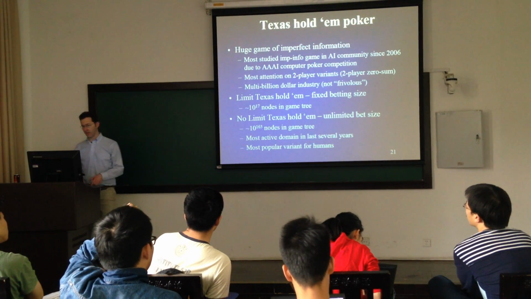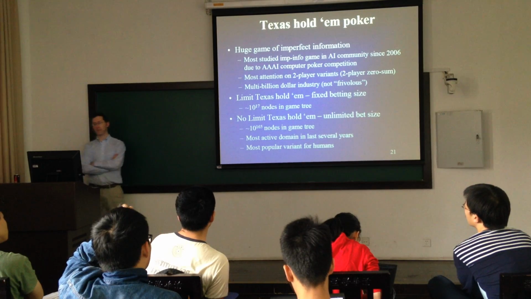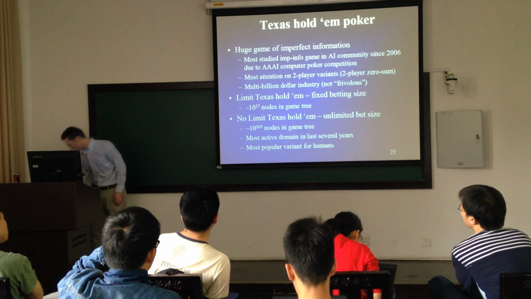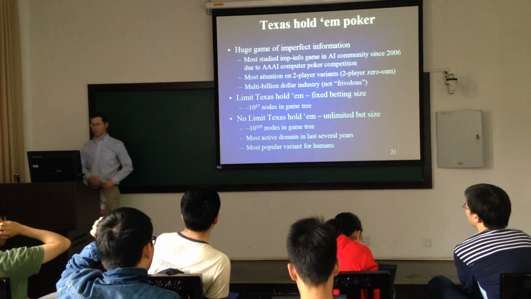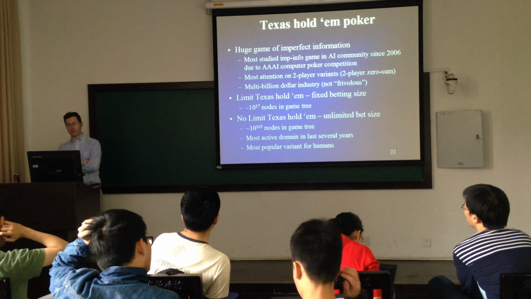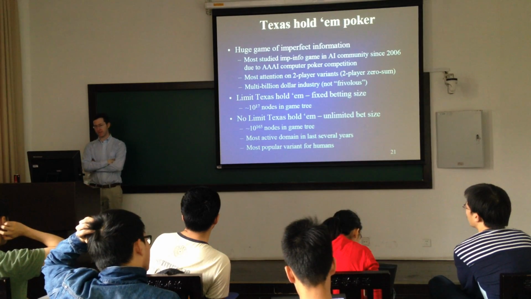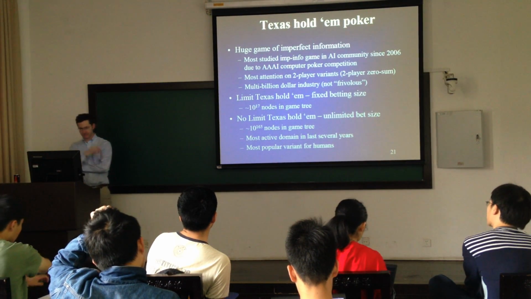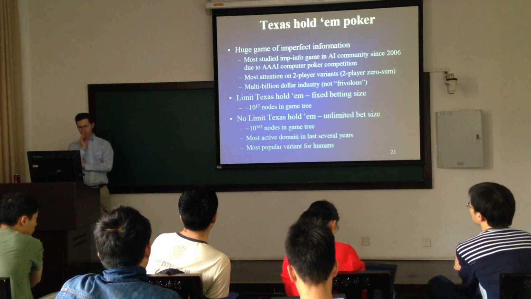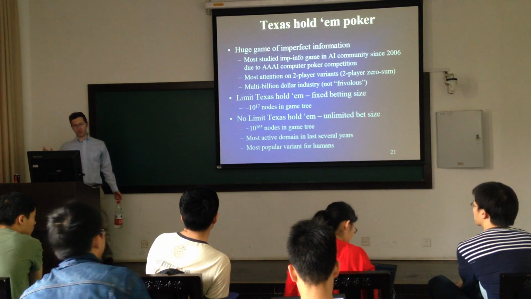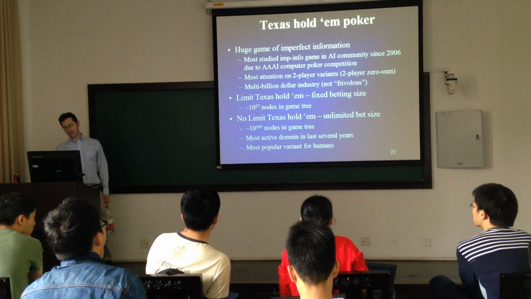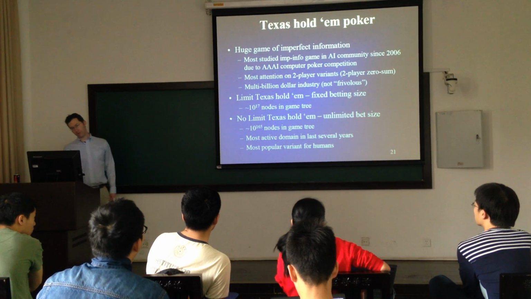Texas Hold'em, like I mentioned, is this very large game of imperfect information, and since around 2006, with the competition, it's been the most studied imperfect information game within the AI community, so for about a decade now. In particular, most of the attention has been on the two-player variants, in large part because it's easier and there's a clear goal.